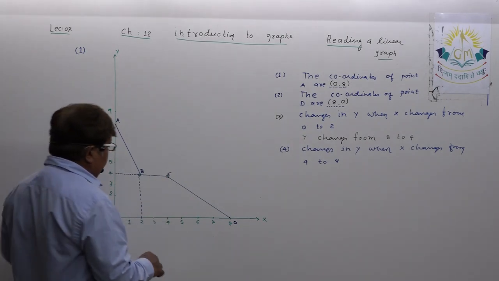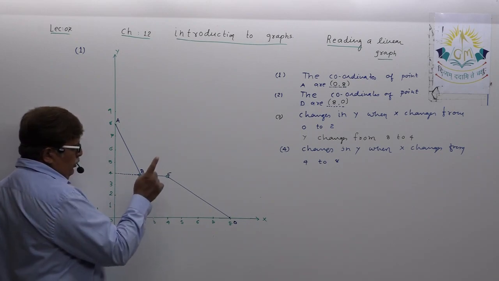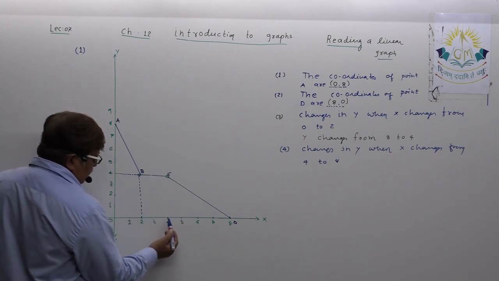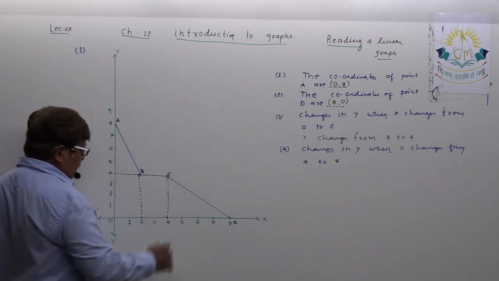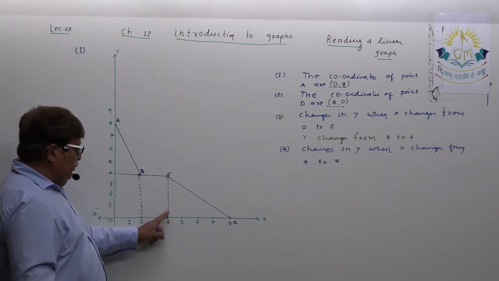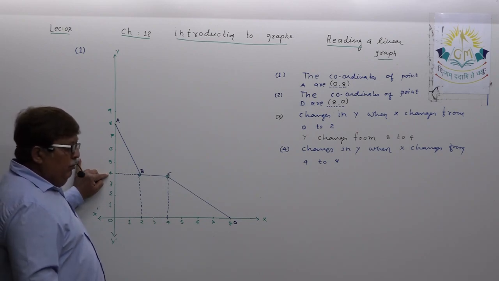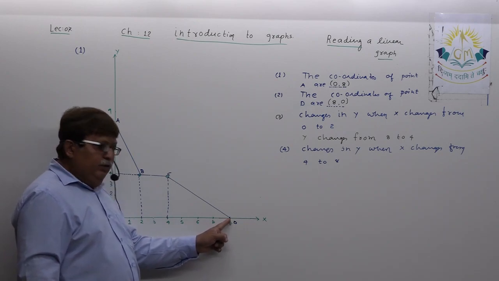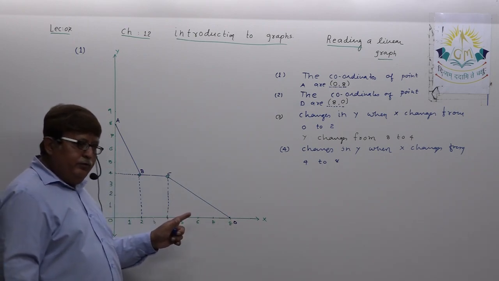First, dear student, you note down the two values of x, 4, 8. Now first you target here 4 and 8. If you just draw the dotted line, when x is 4, what is the value of y? Also 4. And when x is 8, what is the value of y? 0. You understood this?